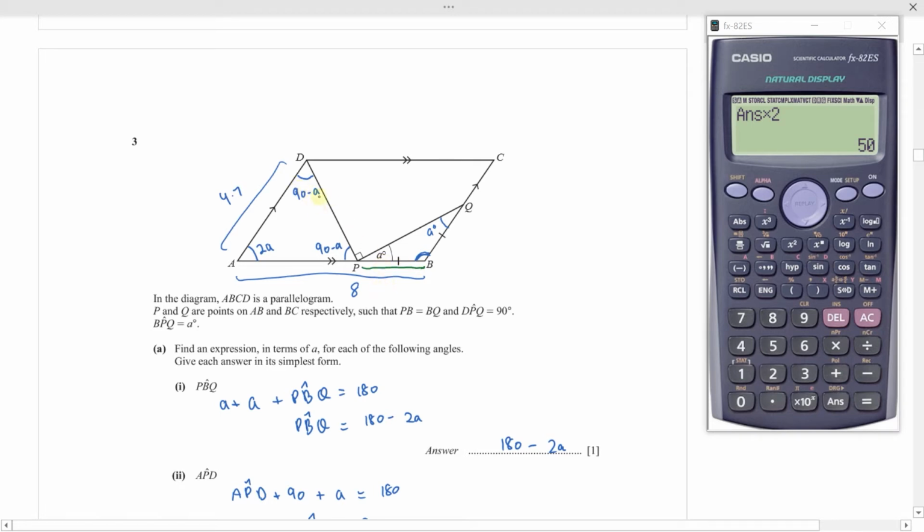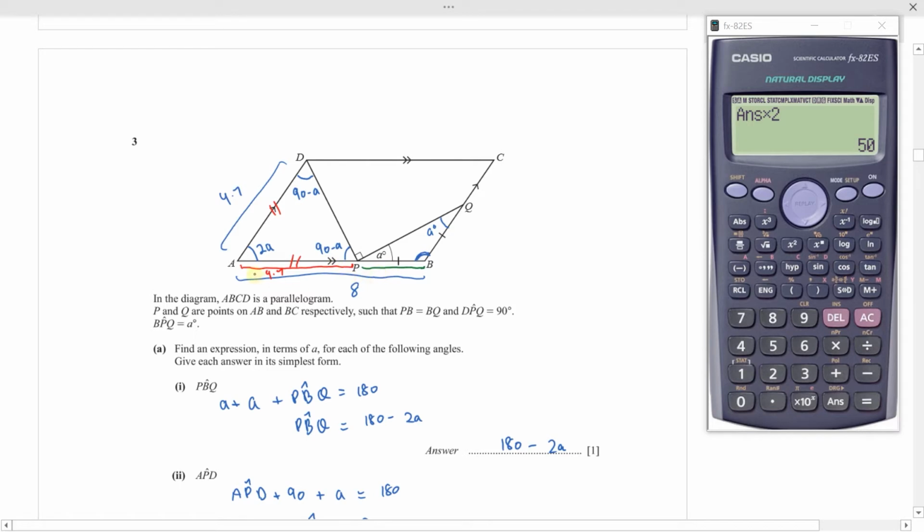So if you look at these angles, this is angle 90 minus A. This is also 90 minus A. That means this is an isosceles triangle and these two sides are equal because these two angles are equal. So if this is 4.7, that means for this triangle, this side AP is also 4.7 centimeters.